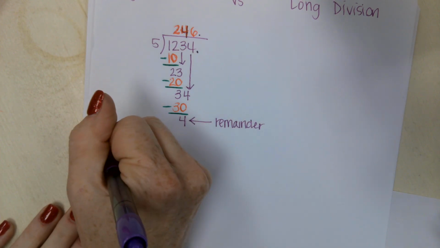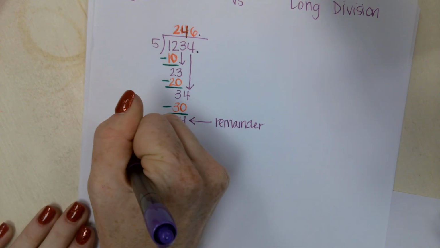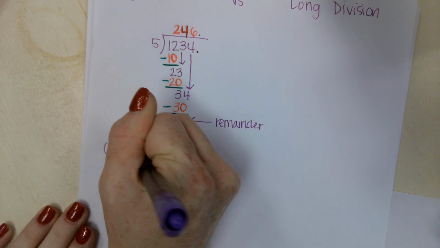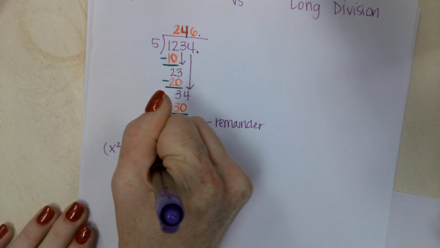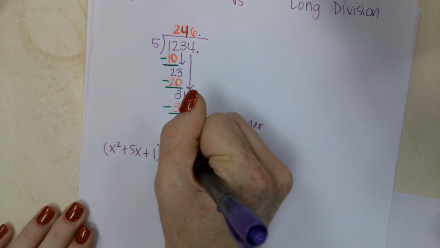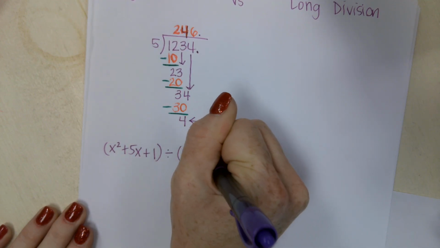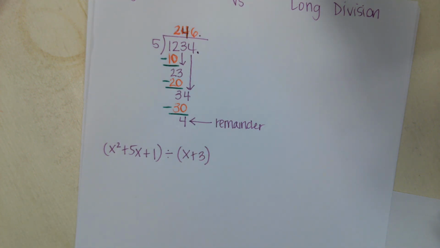All right, so I want to take the polynomial x squared plus 5x plus 1, and I want to divide it by the polynomial x plus 3.